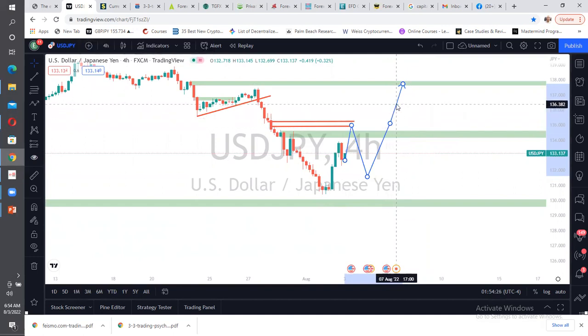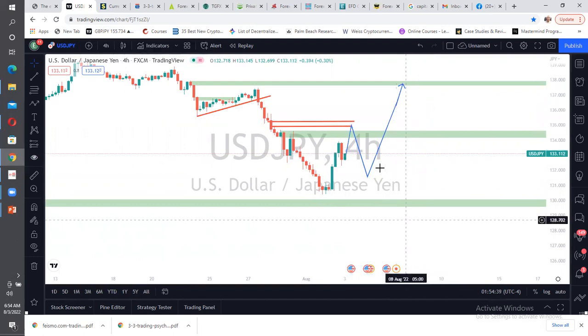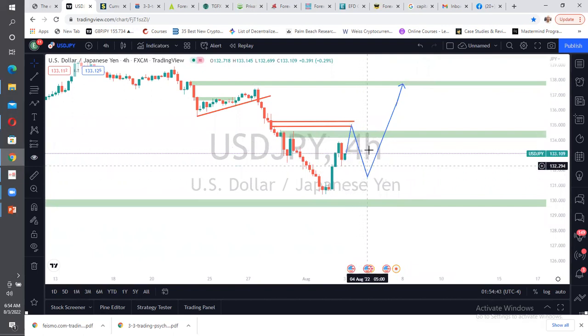No pair is the same, or no pair is analyzed the same way. There could be similarities, but these pairs are not the same. So this is what I'll be expecting. I would like them to go to the upside, then pull back. But if they go to the upside and hit this particular FVG, I will expect them to come down here.